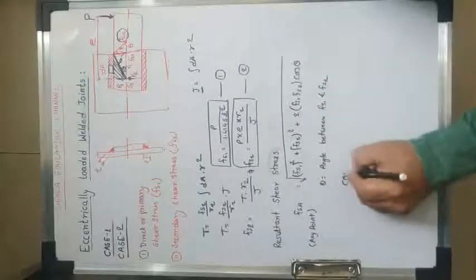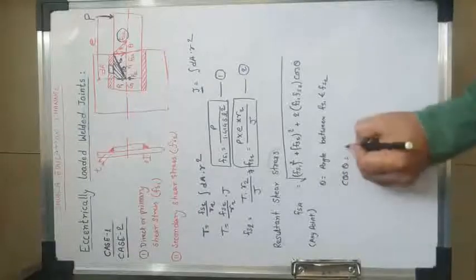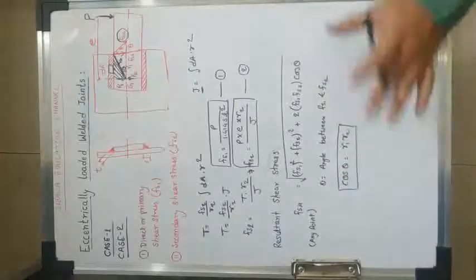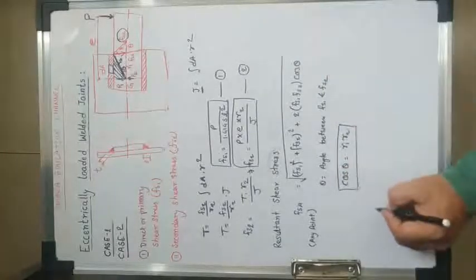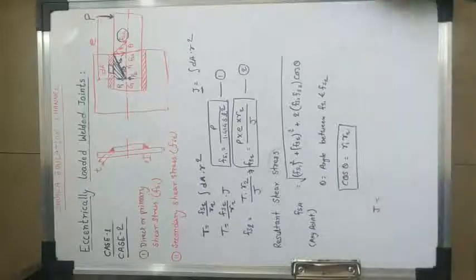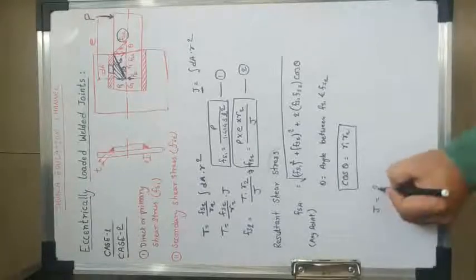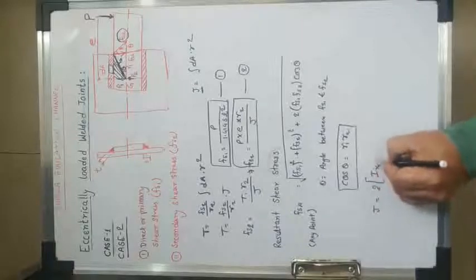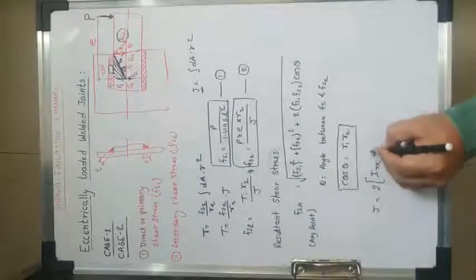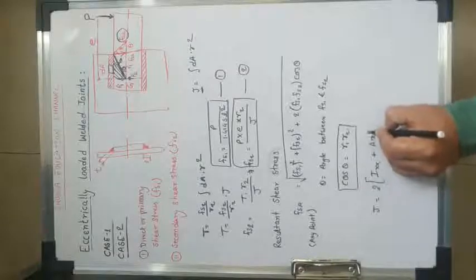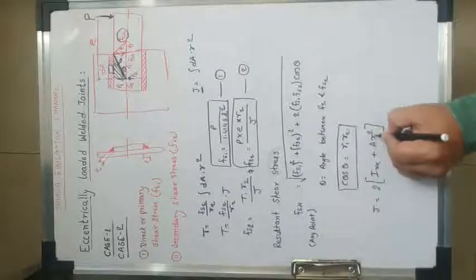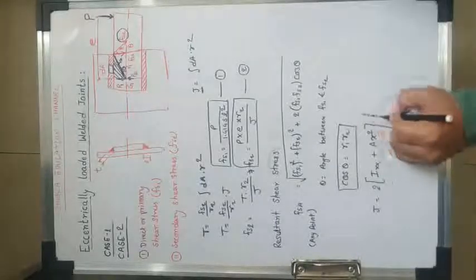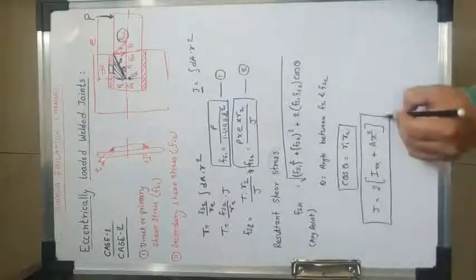So cos theta is equal to R1 upon R2. This is the simple calculation. And what is J for column and beam, all these? J is 2Ixx plus area into the gap squared. Okay, x denotes that gap, so this is polar moment of inertia.